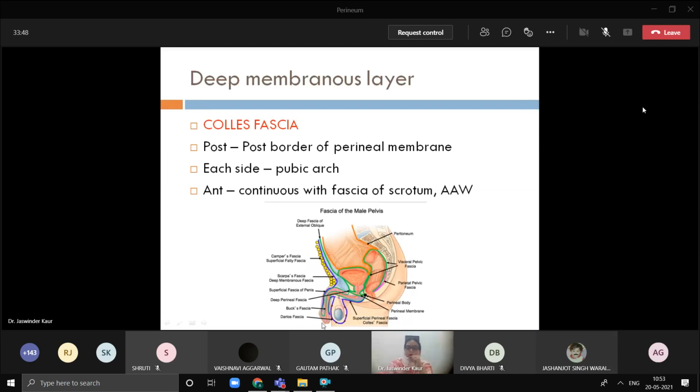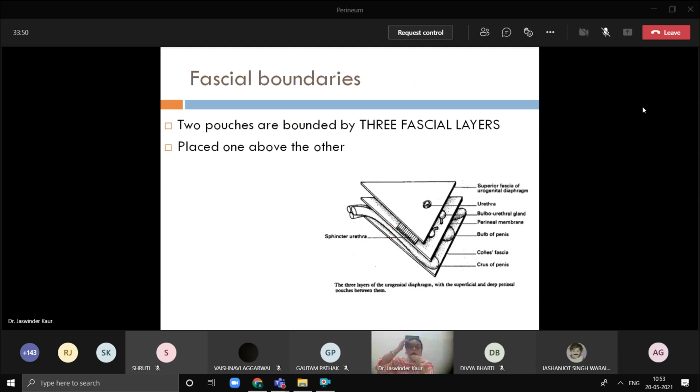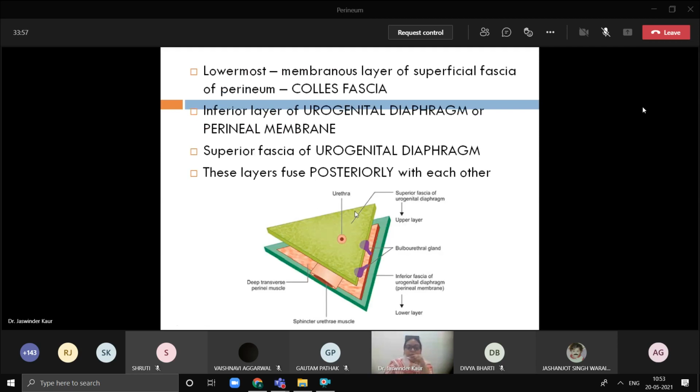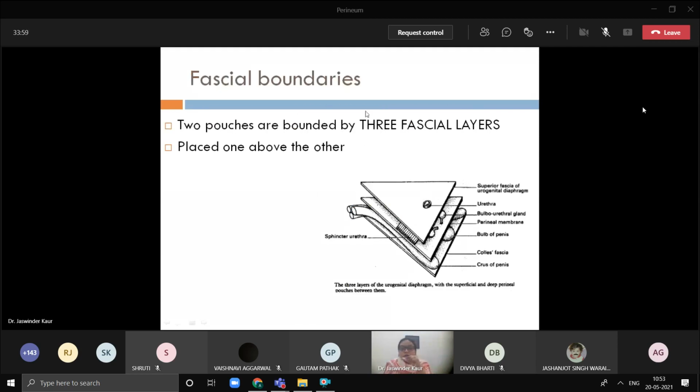Now we are going further. Now we are concerned with the urogenital triangle only, right? In the urogenital triangle, within the boundaries of the triangle, there are two pouches bounded by 3 fascial layers.